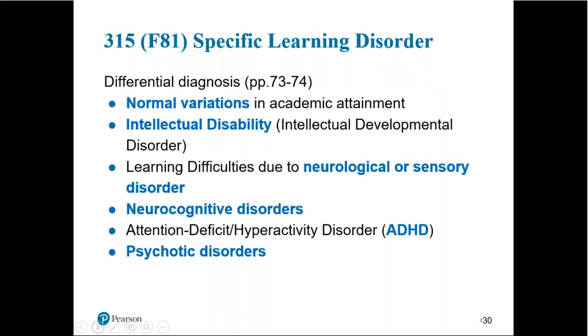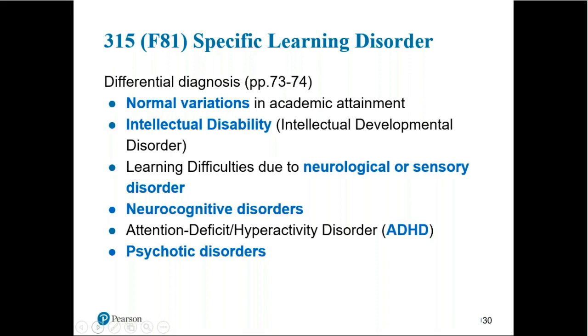And in particular, if you're reading through pages 73 to 74, you'll see a list of differential diagnoses. They include normal variations in academic attainment, intellectual disability, learning disorders due to a neurological or sensory disorder. So again, thinking about what we've talked about at the start, the process of learning, any other neurocognitive disorders, ADHD.